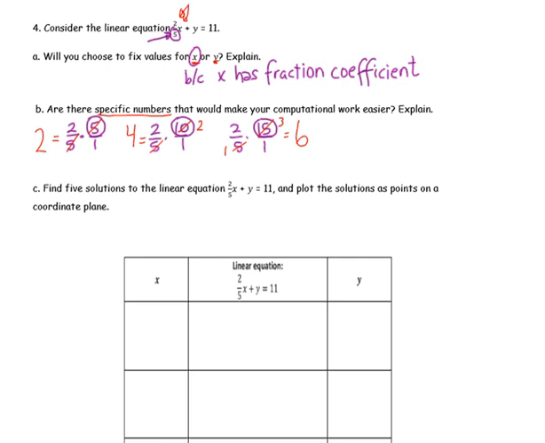If the coefficient for y is a fraction, you'll want to set the value for y. Then you'll want to use a multiple of the denominator. That will give you whole number answers, which are easier to work with.